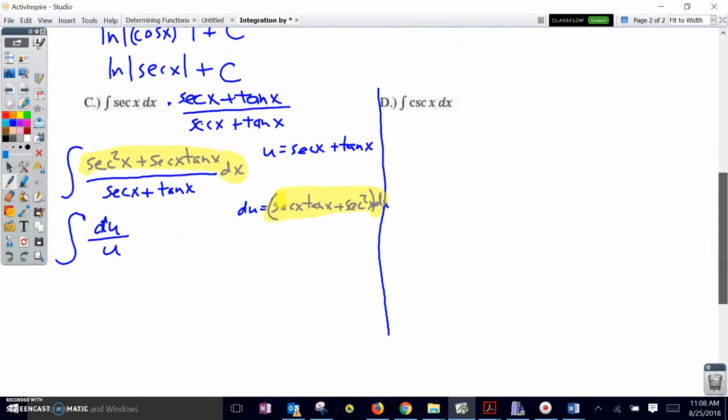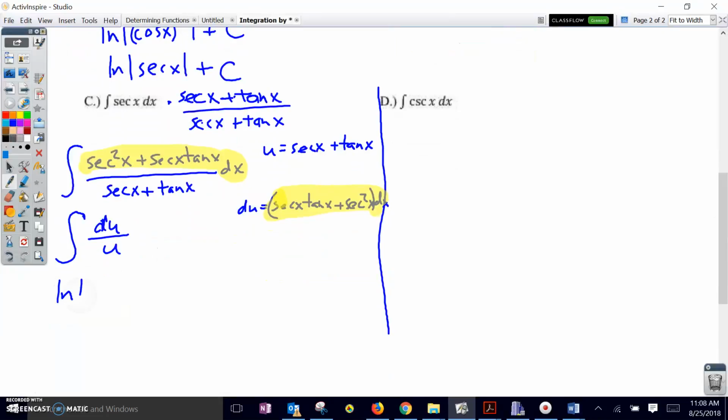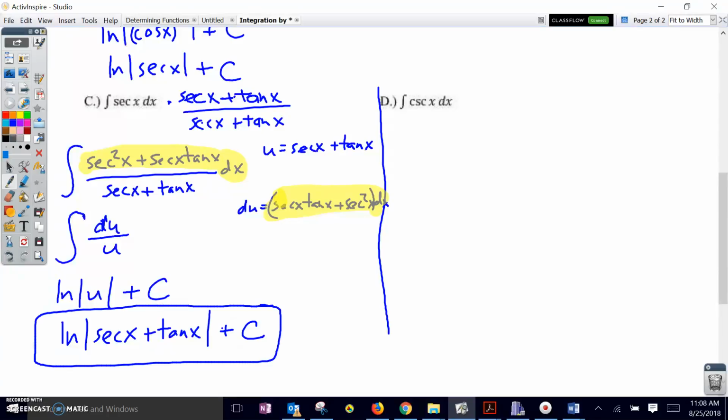And then the antiderivative of that is going to be the natural log of the absolute value of u plus c. And then we bring u back, and there's our rule for the integral of secant of x.